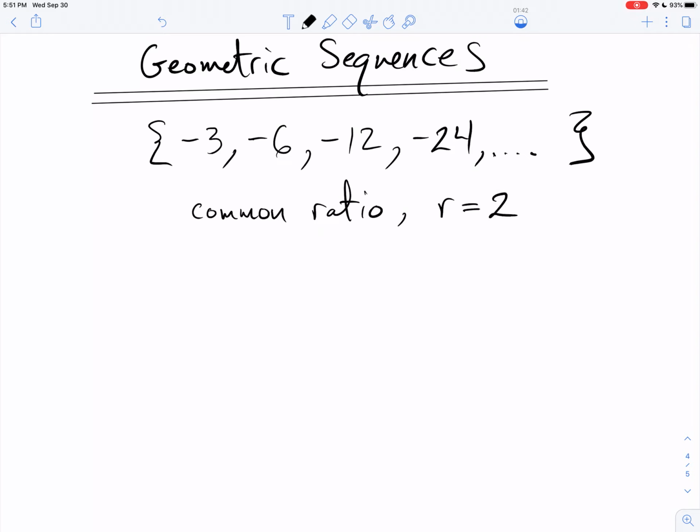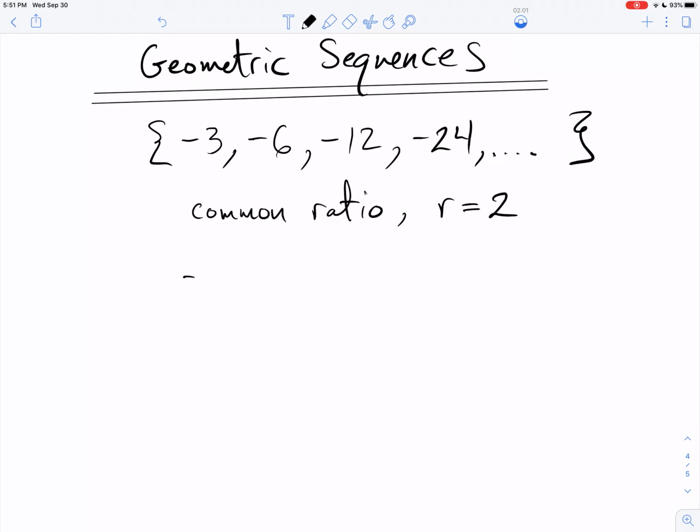Now, sometimes it's not real easy to see it right off the bat. And if that happens, it's very similar to our arithmetic rule, when you're looking for the common difference and they give you something weird like decimals or fractions. Here's the rule for this.